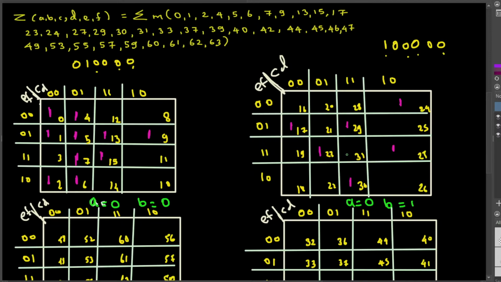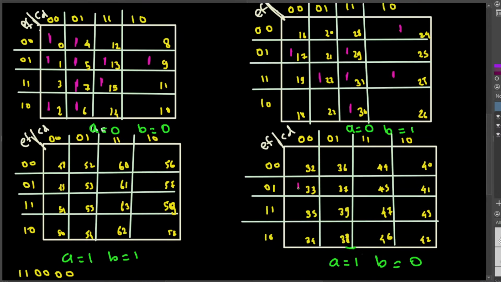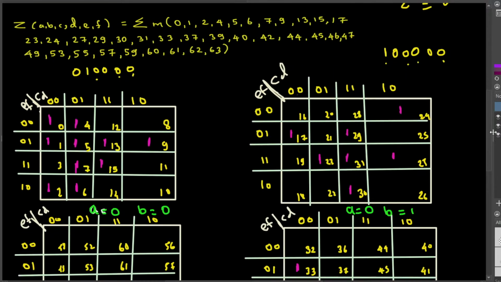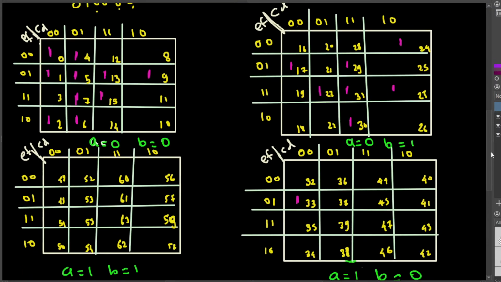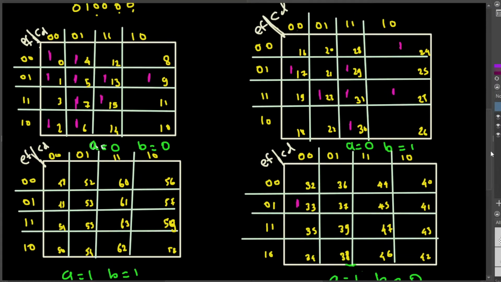We have 1 at 31. We have 1 at 33. Here is 33. Okay, right here. We have a 1 at 37.